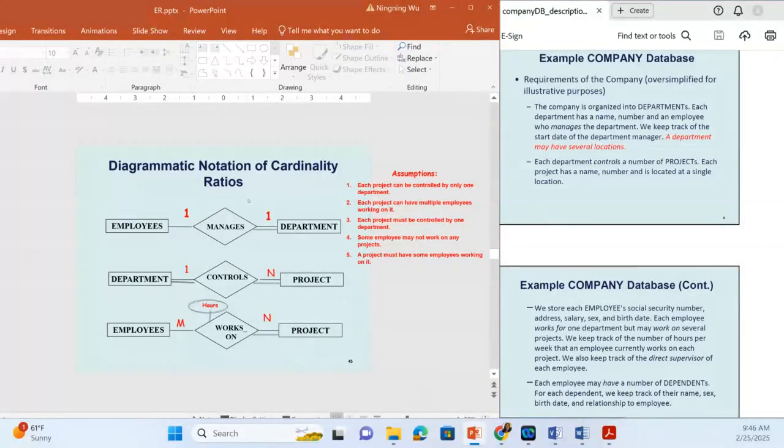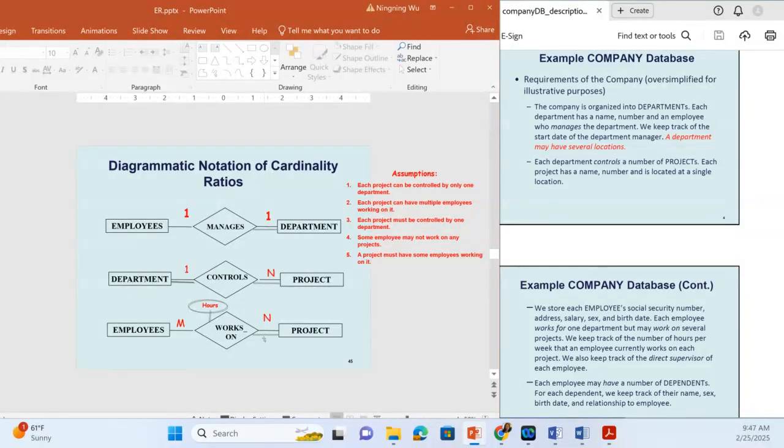So as of now, we have studied two constraints to describe a relationship type: cardinality ratios, represented by two numbers, and participation constraints, represented by a single line or double line. A single line indicates partial participation, a double line indicates total participation.